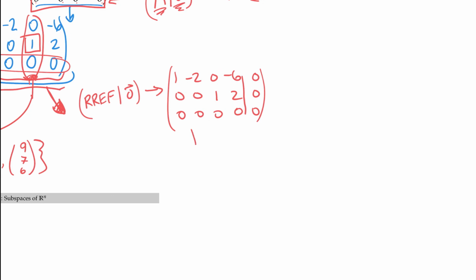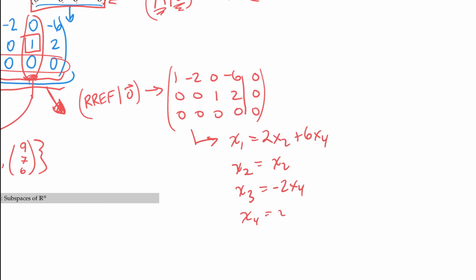Well, I convert this back into a system of equations. So this is x1 equals 2x2 plus 6x4. x2 equals x2. You notice there's no pivot there in the x2 column. x3, well, that's -2x4, and x4 equals x4.